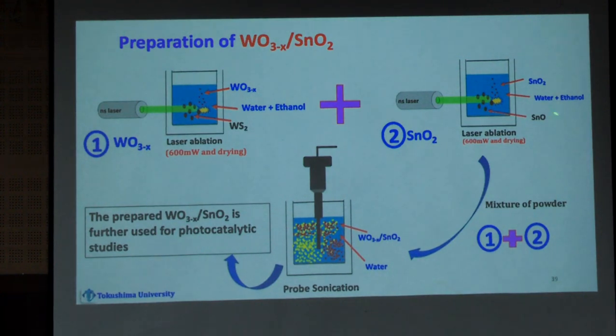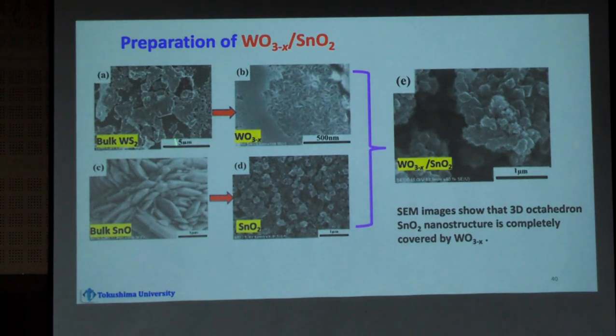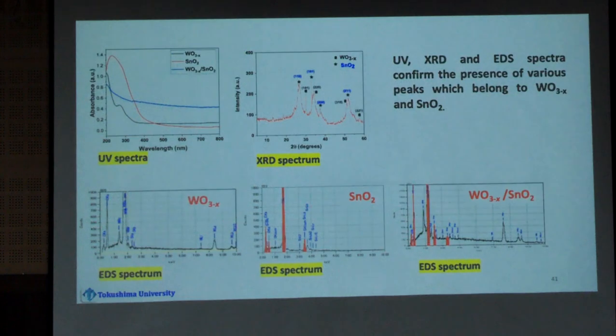Also, SnO. We took SnO and water is the solvent. Then SnO is transformed into SnO2. So both are made separately, then we just add them and do the probe sonication for photocatalysis. These are the results. Initially, you can see petal-like morphology, and these are octahedron SnO2, and on octahedron SnO2, WO3 can be seen.